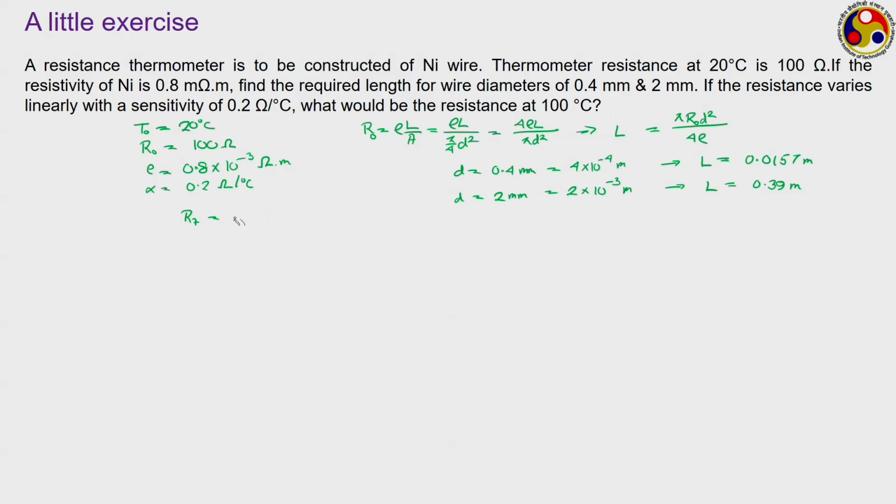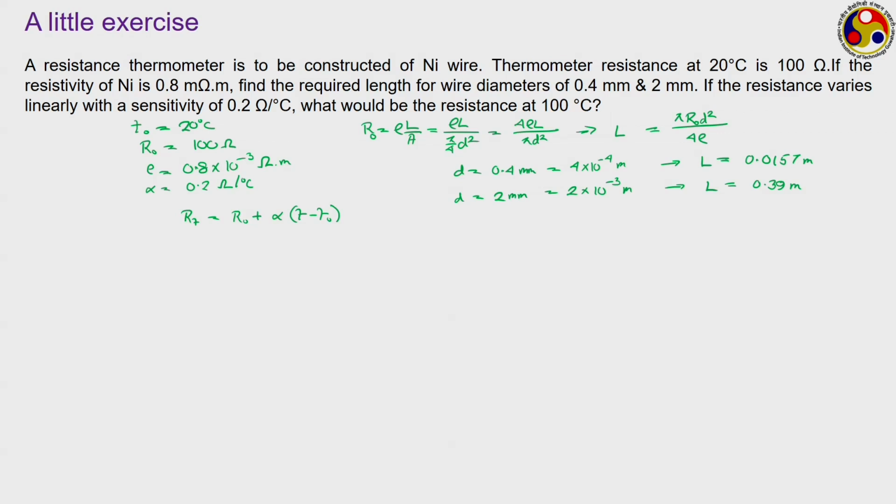In that case, this one should be written as RT is equal to R naught plus alpha into T minus T naught, where T naught refers to the reference temperature, R naught is the corresponding reference resistance. Actually we have used capital T to represent the temperature. Truly speaking, we should have written small t, because generally the symbol capital T we reserve for temperature values in Kelvin, that is absolute temperature, but here we are talking about temperature in Celsius.